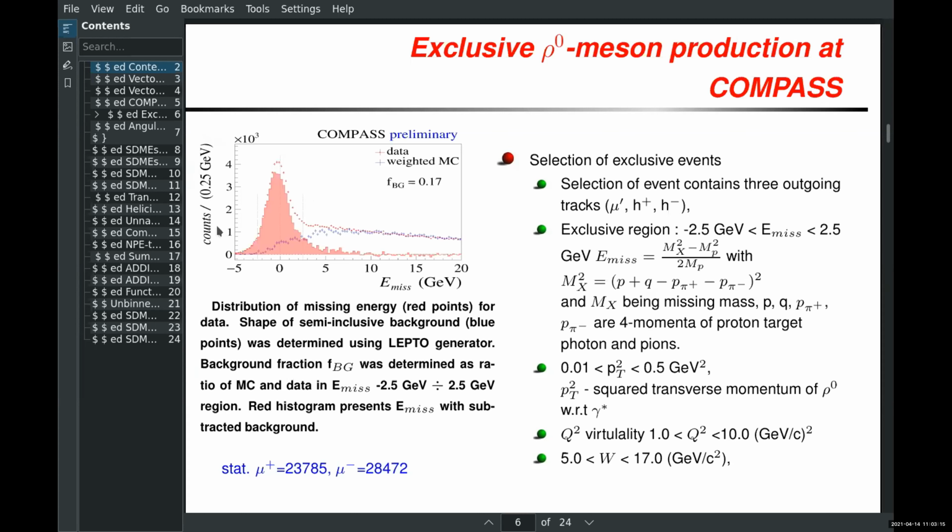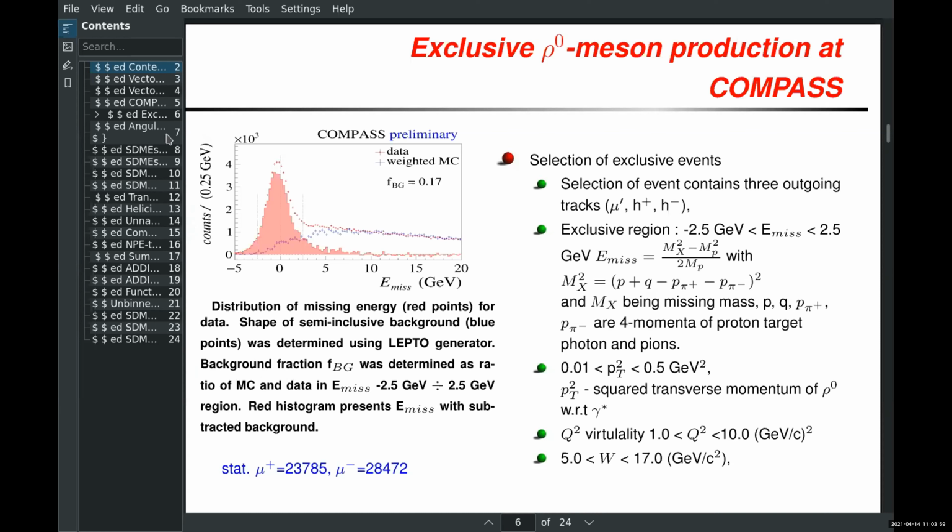After the selection of the exclusive region, we will have not only the exclusive region but also some contribution coming from the semi-inclusive. You will see such an analysis here when we have the data. After that we want to determine the fraction of non-exclusive contribution, and we define the background fraction.